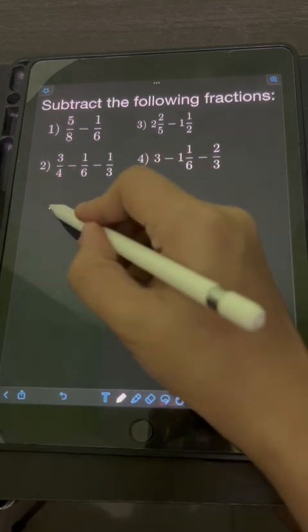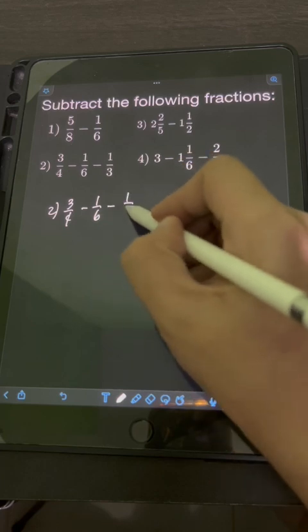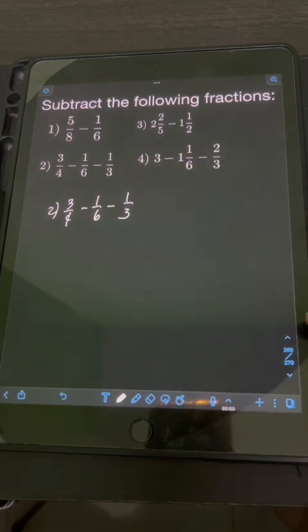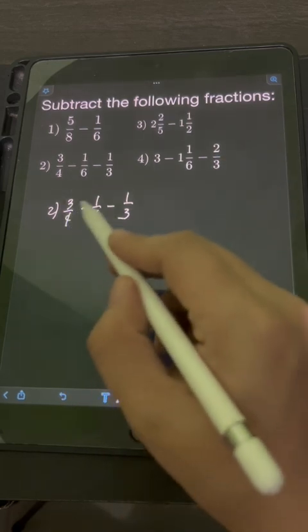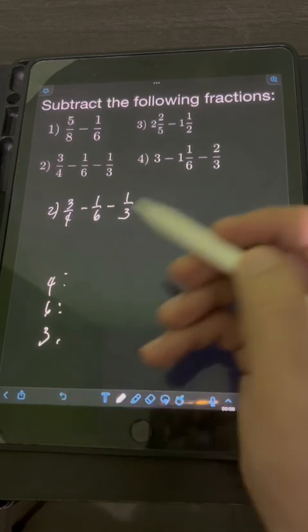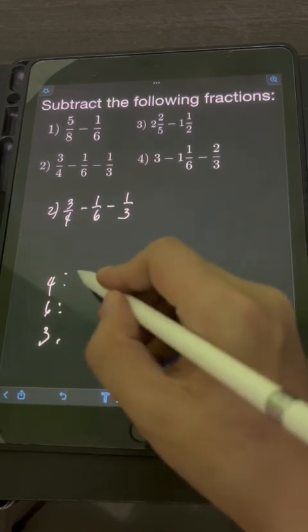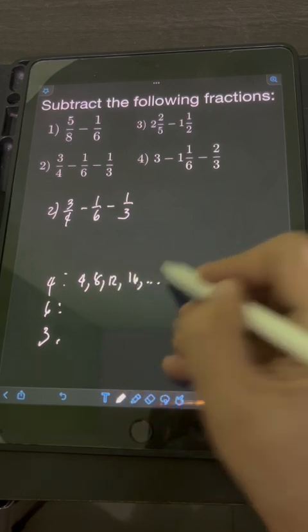For number 2, we have 3/4 minus 1/6 minus 1/3. So likewise, we have dissimilar fractions having different denominators of 4, 6, and 3. We find first the LCD by listing the multiples of 4, 6, and 3. The multiples of 4 are 4, 8, 12, 16, and so on.